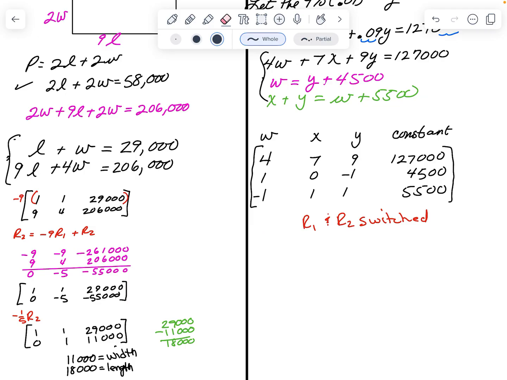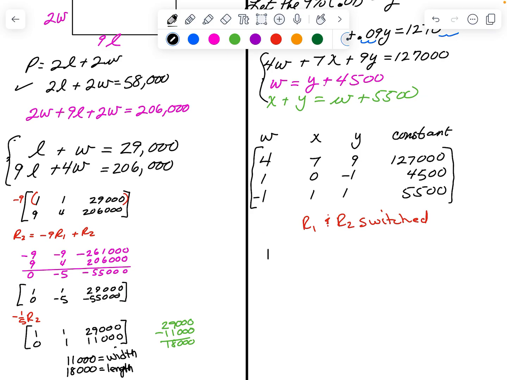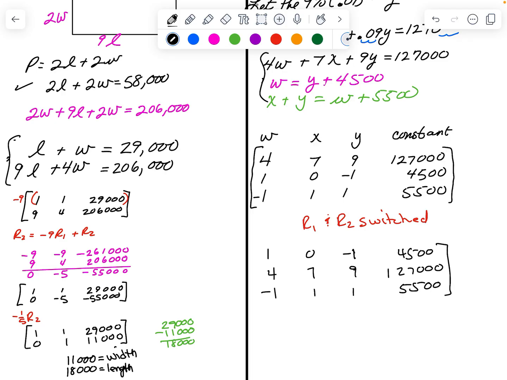I'm just going to switch row 2 and row 1. So that's going to give me 1, 0, negative 1, 4,500, sorry. And 4, 7, 9, and 127,000. And negative 1, 1, 1, and 5,500, sorry.